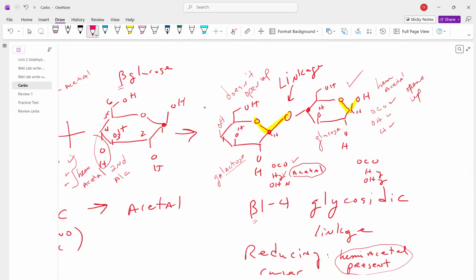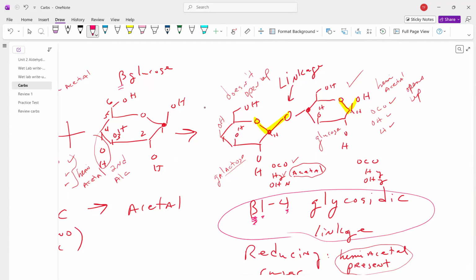So this O connecting here is going up. So to name the linkage, it's a beta 1, because that's the anomeric carbon that can go up or down. And it's attaching to carbon number 4 on the adjacent glucose. So that is a beta 1,4 glycosidic linkage.